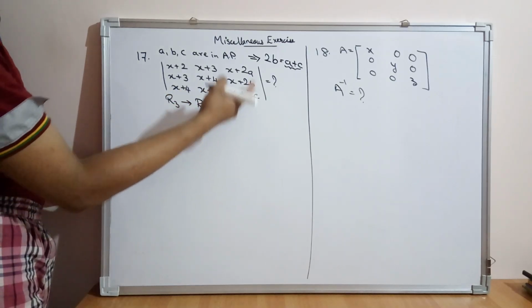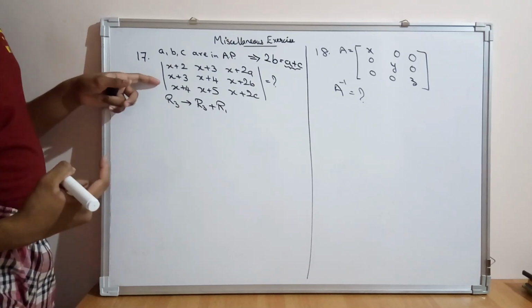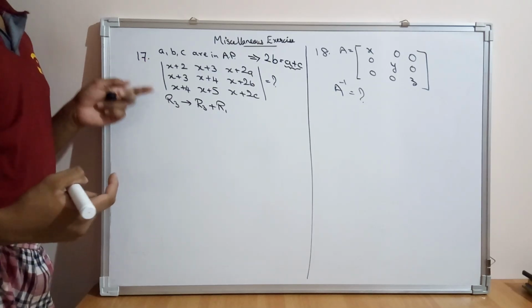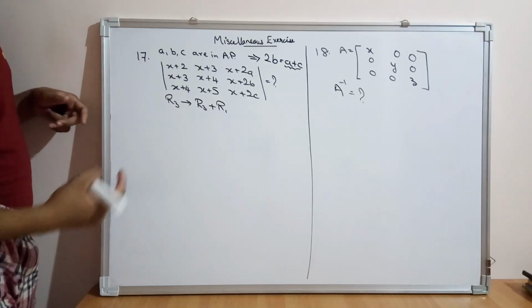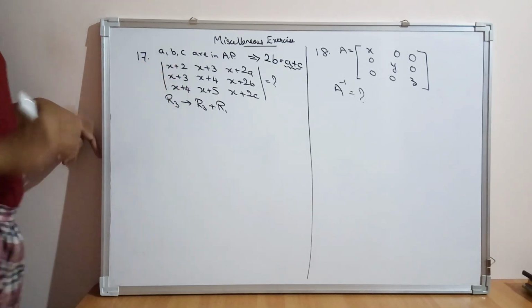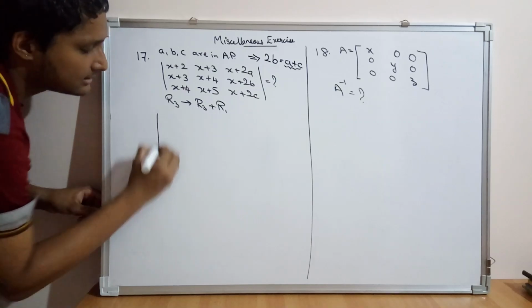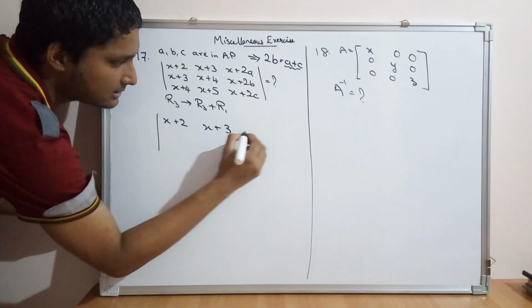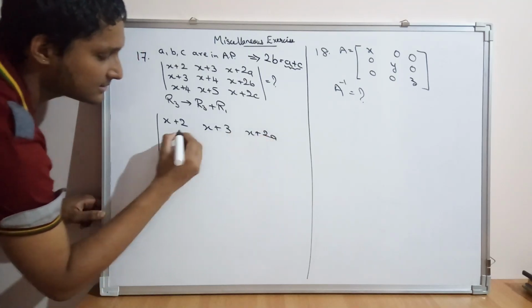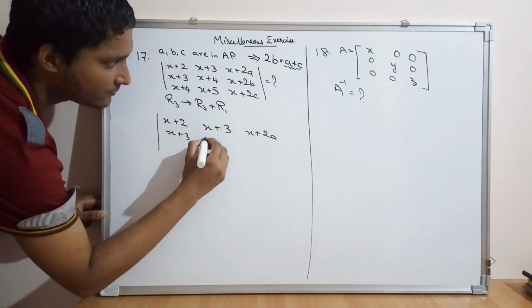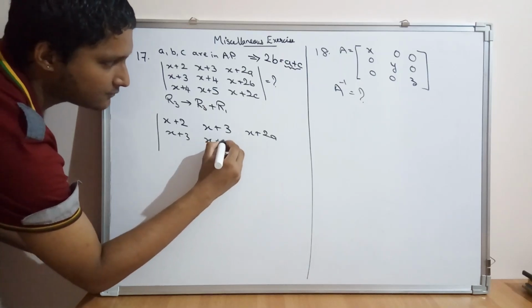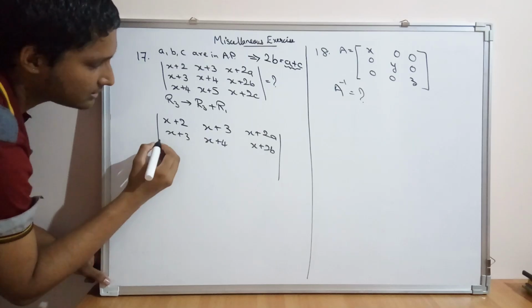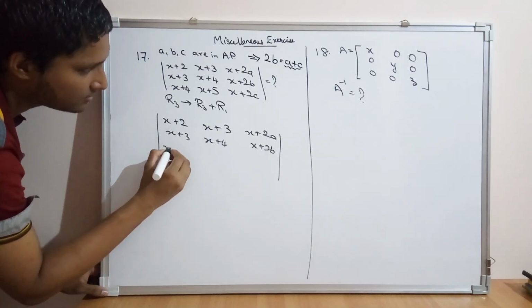So I have c here and a here. So I'm going to add the third row with the first row. That's all about this. So the first row becomes x plus 2, x plus 3, x plus 2a as it is. Then we have x plus 3, then x plus 4, x plus 2b. Then we have x.